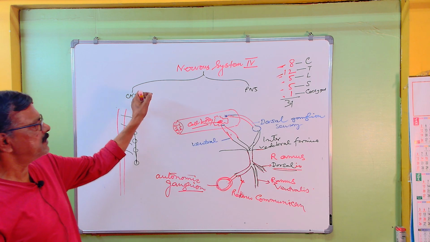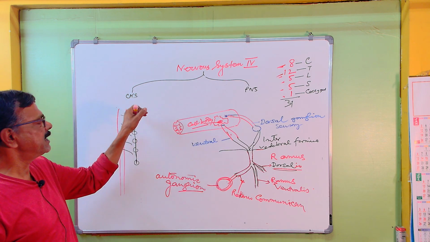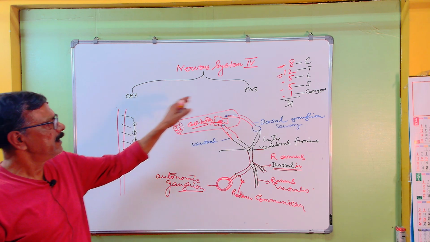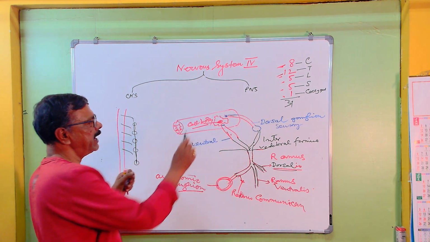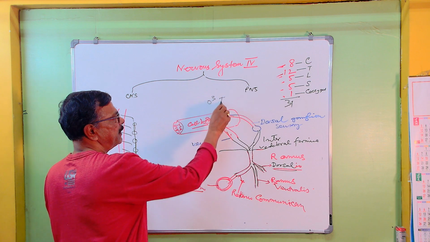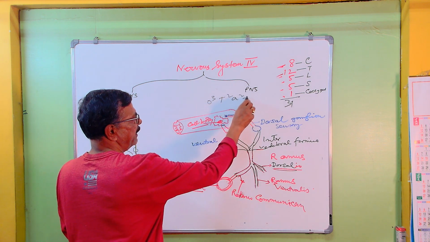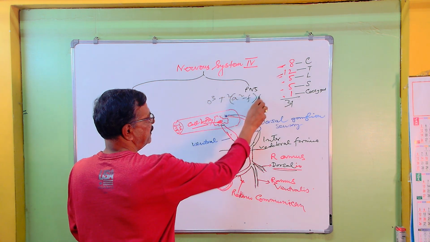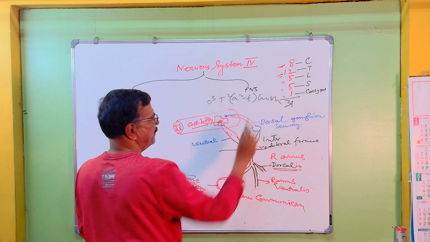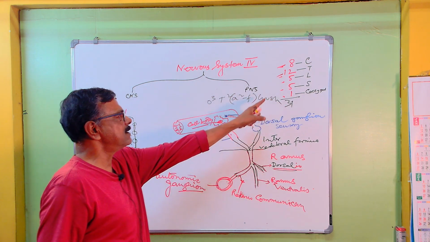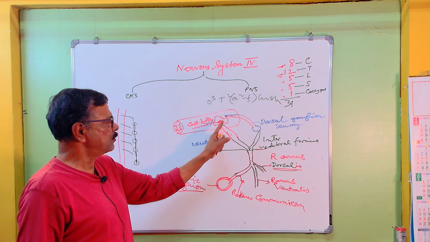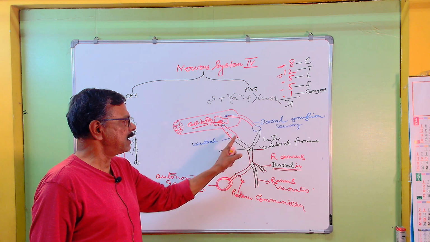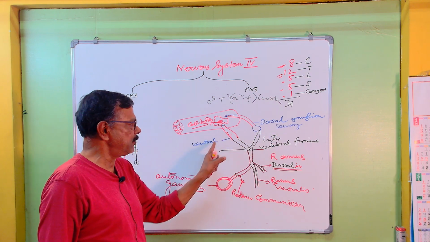So in the central nervous system, the brain we have completed, the spinal cord we have completed, and the cranial nerves we have completed. Now the 31 pairs of spinal nerves have two roots, dorsal and ventral. Dorsal are sensory, these are motor.